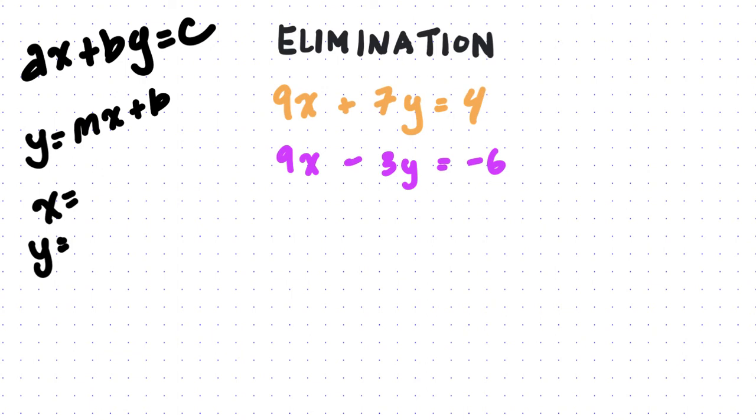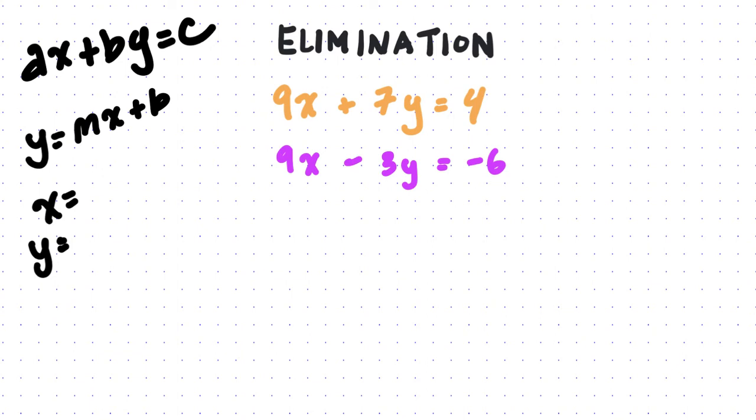What the elimination method is searching for is, looking at my two variables here, I have x's and y's. I want to combine these two equations in such a way that I can create zero pairs, just enough zero pairs to fully eliminate either my x's or my y's.